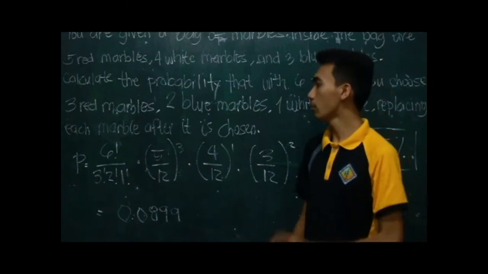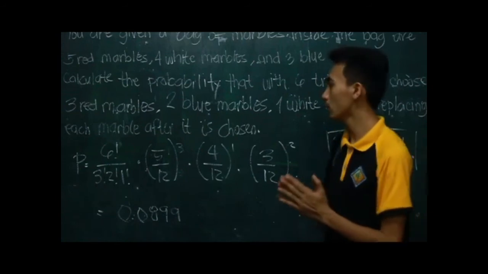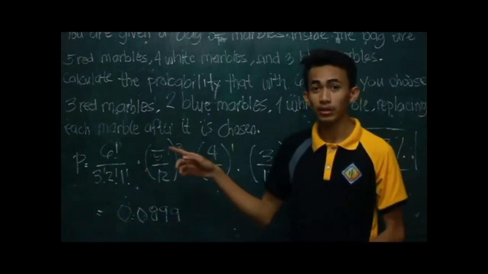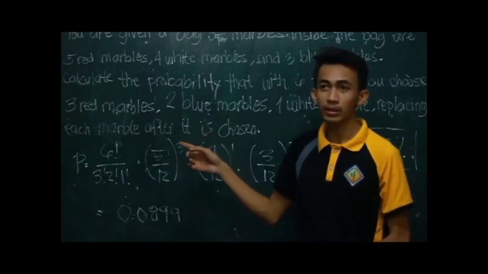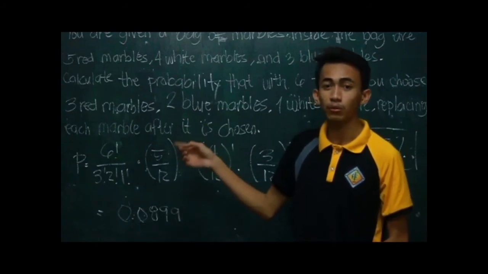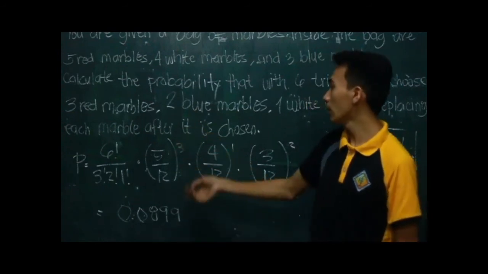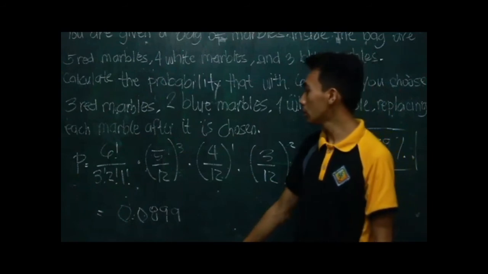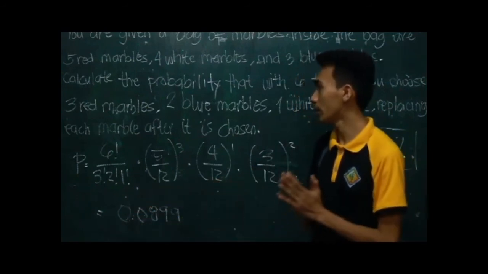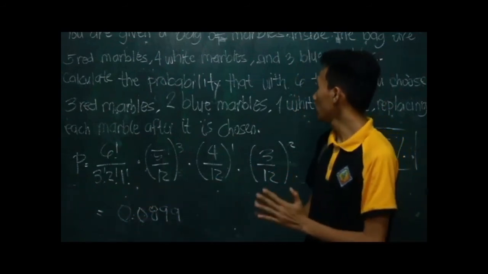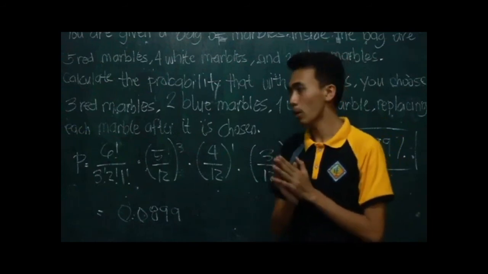So we have here the probability P equal to 6 factorial, where 6 factorial is the number of ways of arranging it, and we'll divide it by the repetitions: 3 factorial for the red marble, 2 factorial for the blue, and 1 factorial for the white marble.